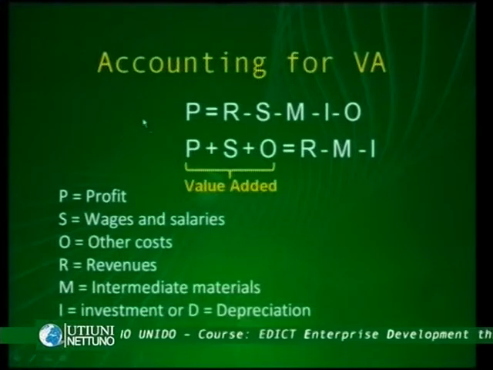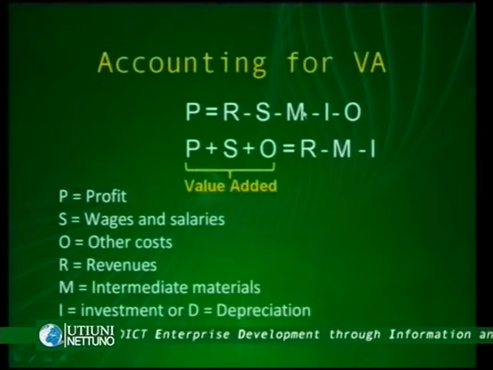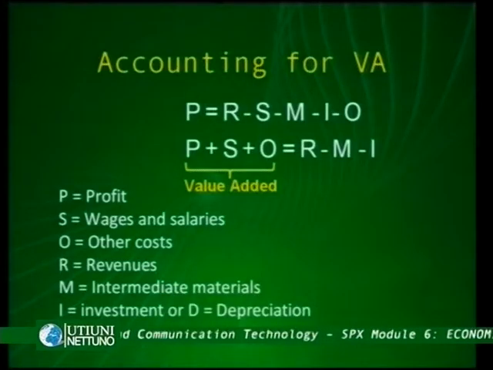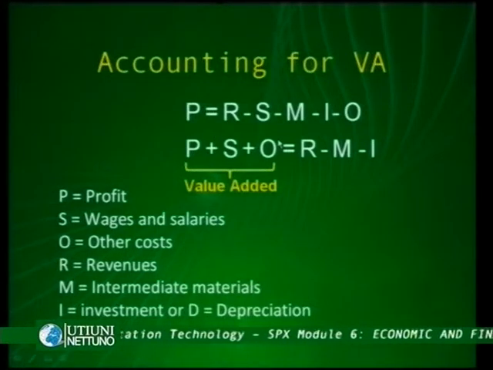So the idea here is that the profit is what you get after you eliminate from revenues all the costs or outflows that the project has to pay. Now here we have included the investment because we are adopting a dynamic view. So we are including the investment at the moment the project is paying for the acquisition of capital assets. But in a static view, you could look at the accounting measure of depreciation.